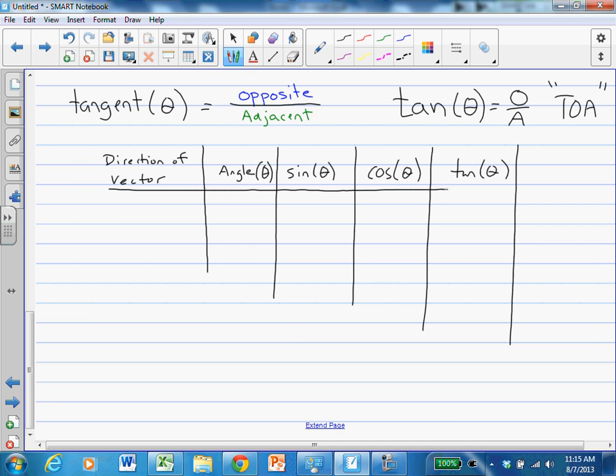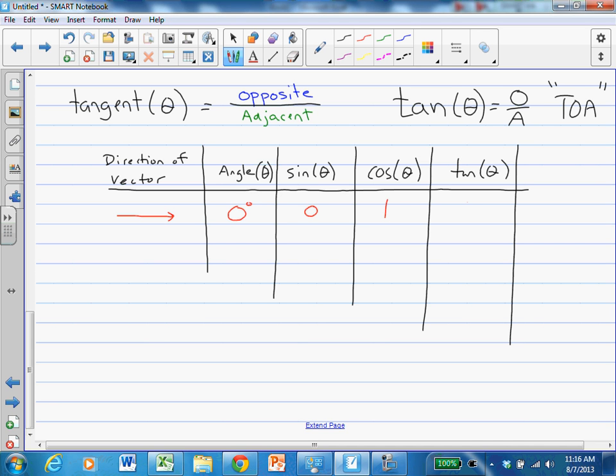So let's take one with an angle that looks like this, and it has an angle of 0 degrees. If you plug into your calculator sine 0, you'll get 0. For cosine, you get 1. And for tangent, you get 0 as well.